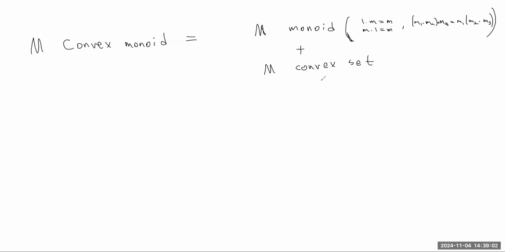But of course, when you do this mixed structure, you should add conditions that connect the two structures. If we take alpha m1 plus (1 minus alpha) m2, because it's convex, it's well defined.